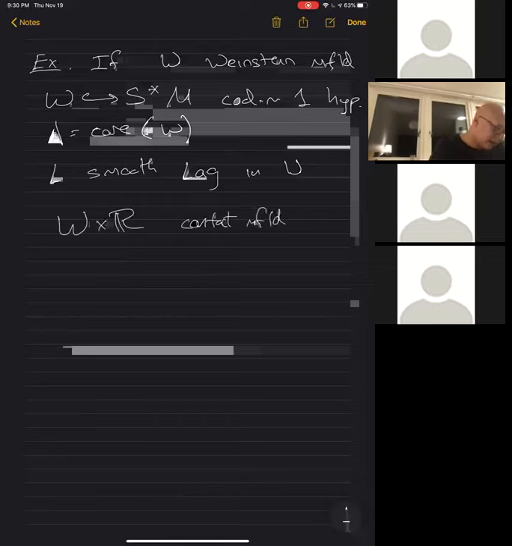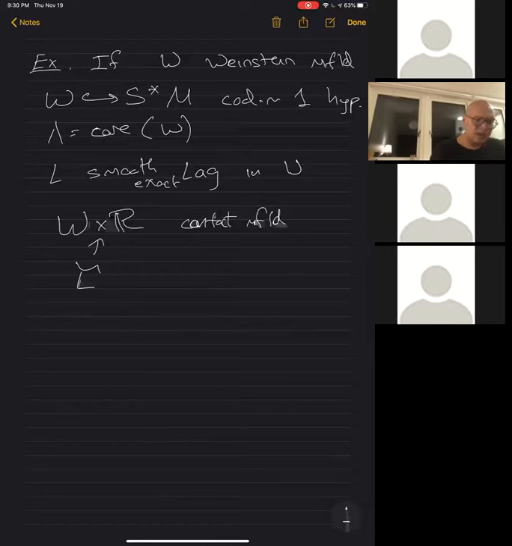And I lift L to it. Of course, I missed an important word here: it should be a smooth and exact Lagrangian. And being exact basically means that it has a lift to this contactization.